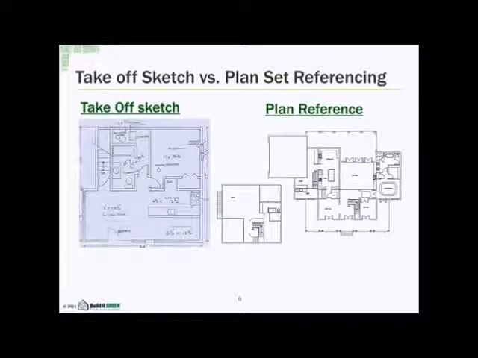Okay, so takeoff sketches on the left. You can see this is actually a really good takeoff sketch, but typically takeoff sketches won't need interior partitions or any of the appliances, though a fine level takeoff will have almost everything noted, and wet rooms and dimensions.